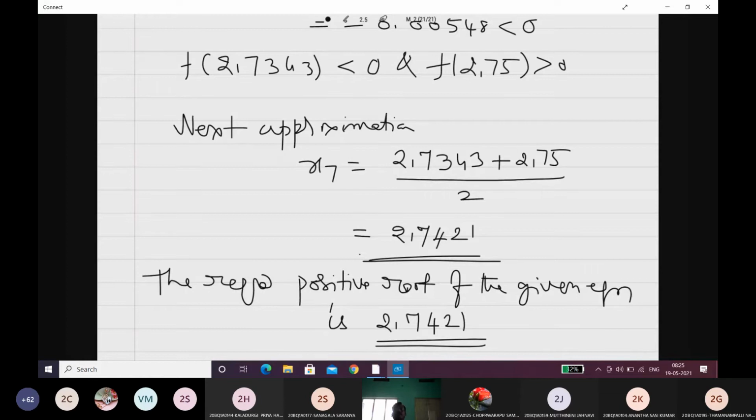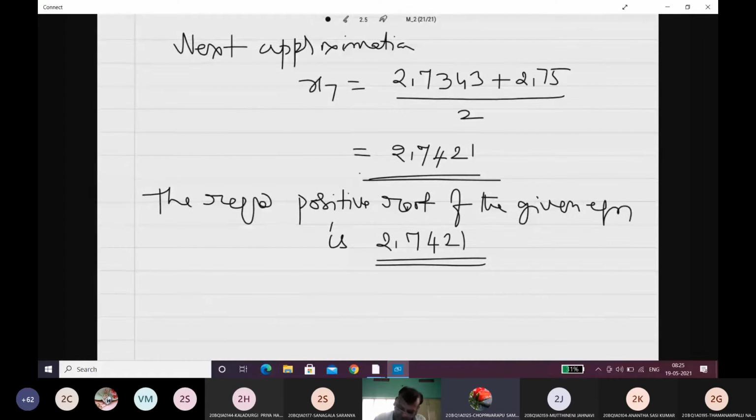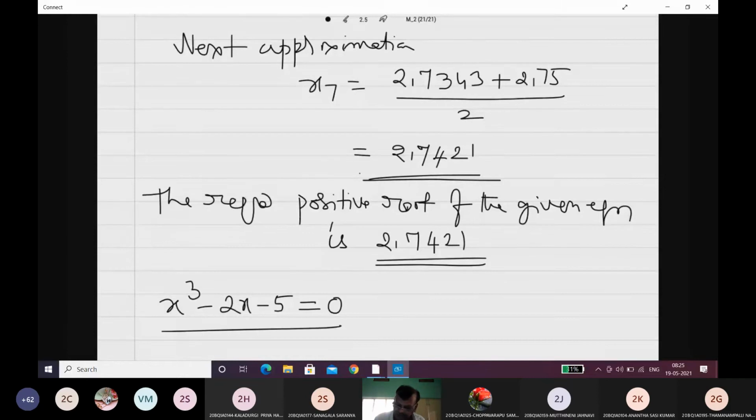Right. Now what about yesterday's practice problem? Can anyone solve that problem? Yes sir. Yesterday's problem is x cubed minus 2x minus 5 is equal to 0. Right?